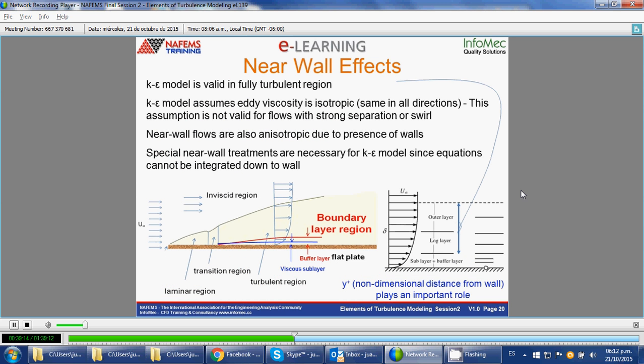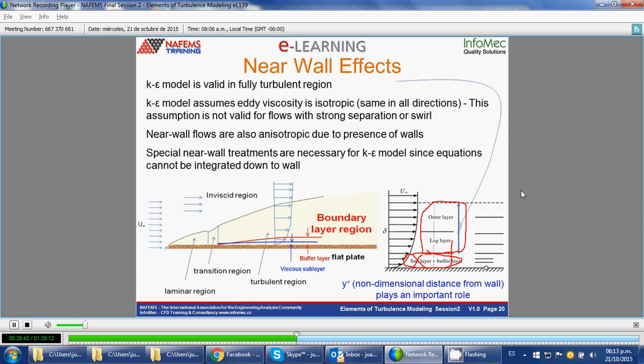K epsilon is for the fully turbulent region. Because of the law of the wall that we talked about, it's based on the fact that the velocity is proportional to the distance away from the wall. This is true maybe in this region, but not true in this region, where you have a viscous sublayer and buffer layer.